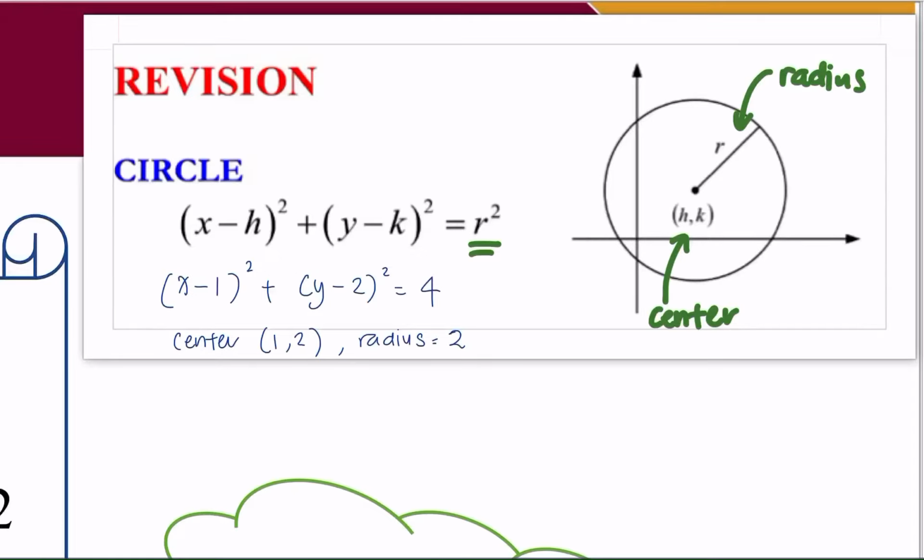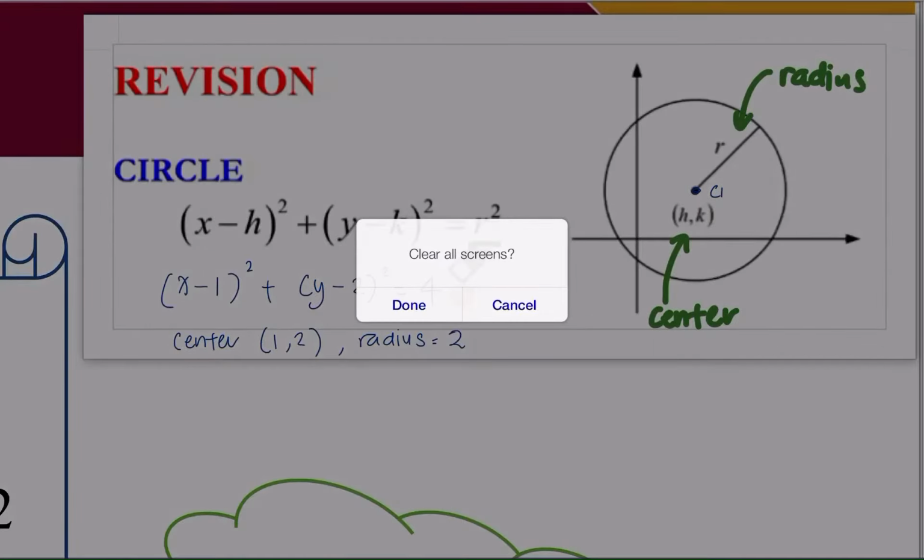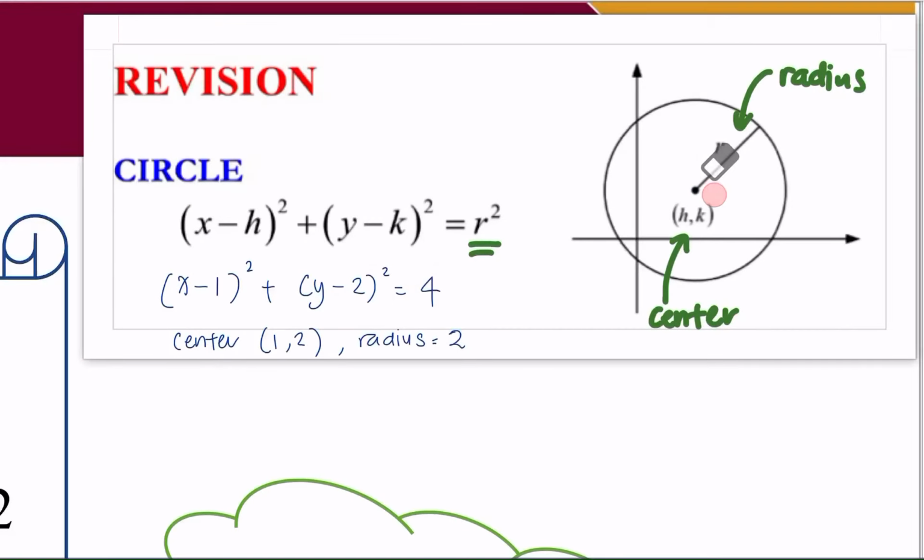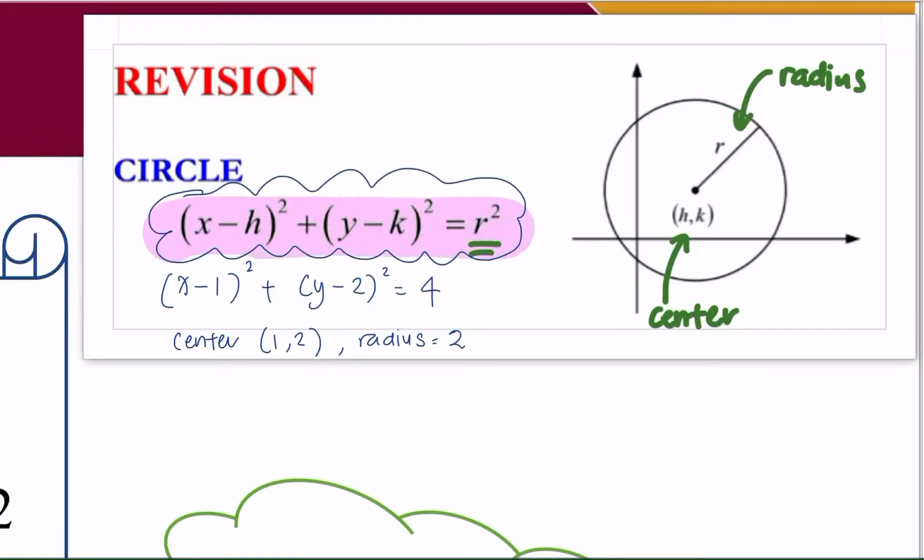Here will be your (1, 2), and here will be your 2, so you can sketch on that. This is an example. You need to remember back the standard formula for the circle.